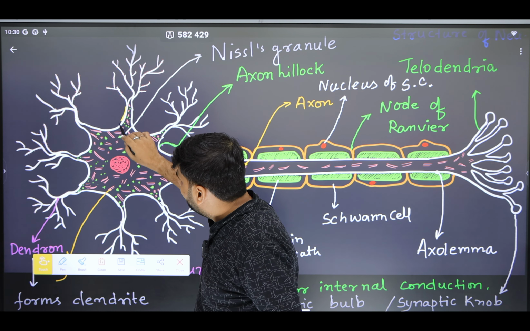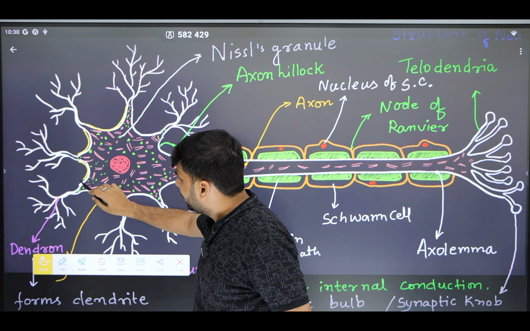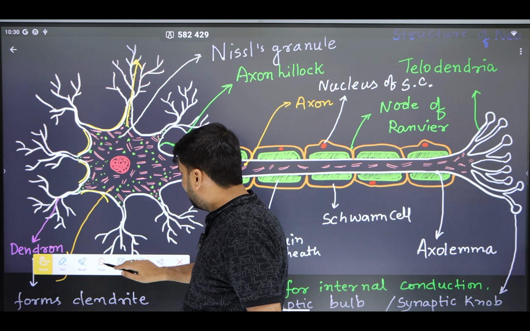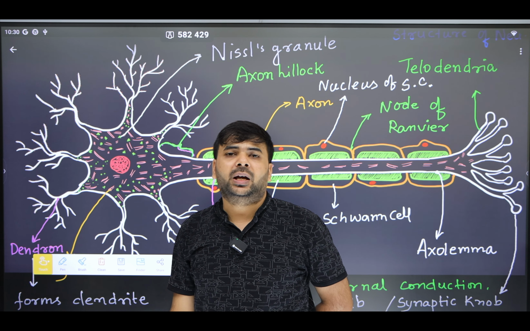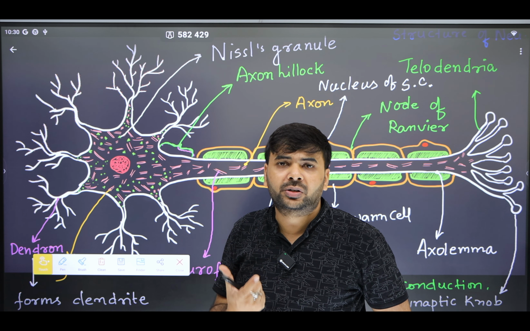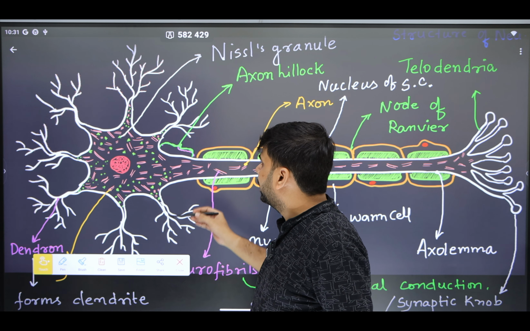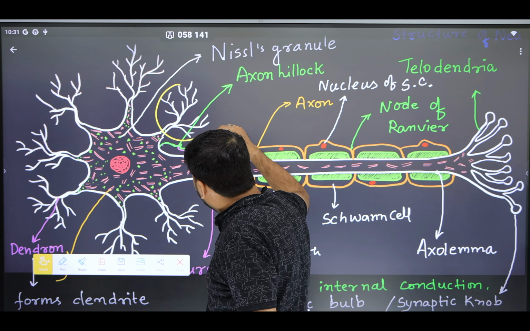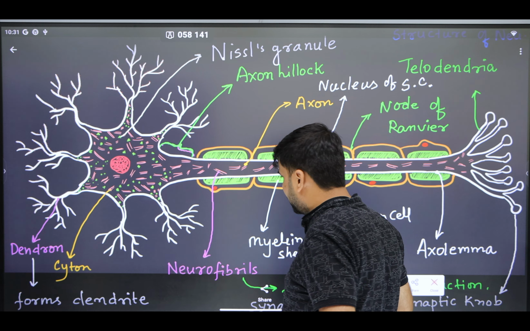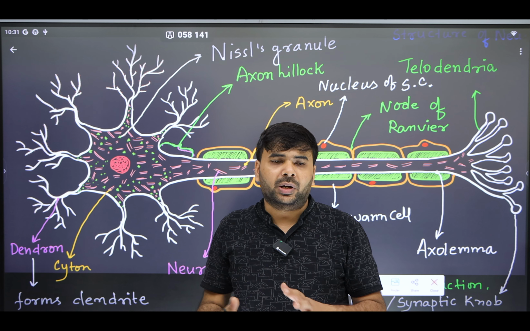Then the body of the neuron has multiple projections. These projections going out are known as dendrons. The word dendron means a small tree-like structure. Dendron and dendrite you can use interchangeably.